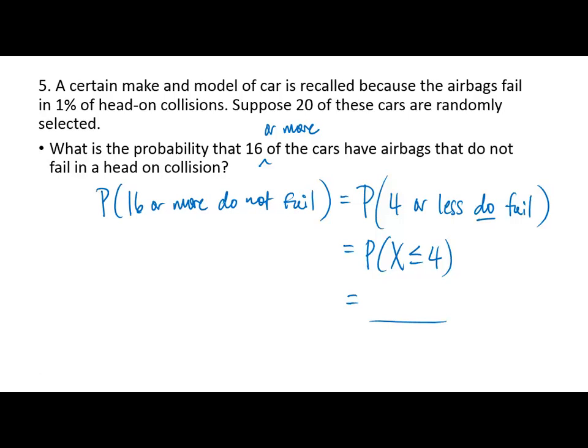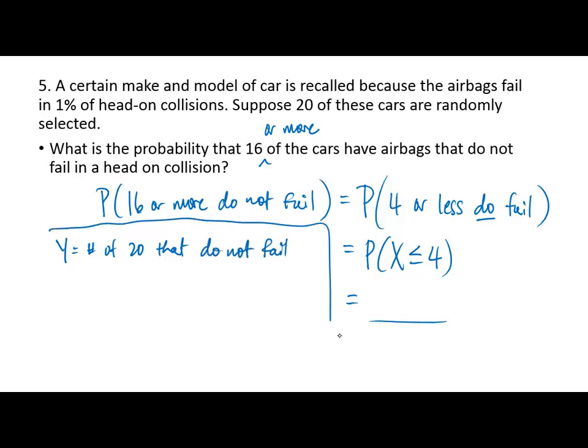Let Y equal the number of the 20 that do not fail. Then, like you said, Y is binomial 20, and the success probability now, since their airbag's not failing, is 0.99.